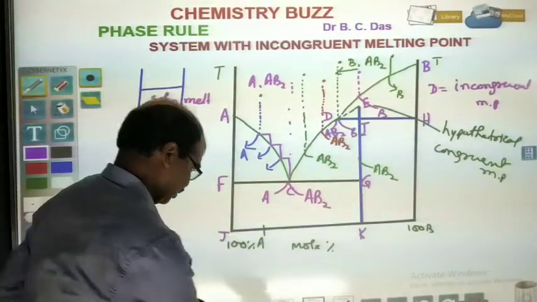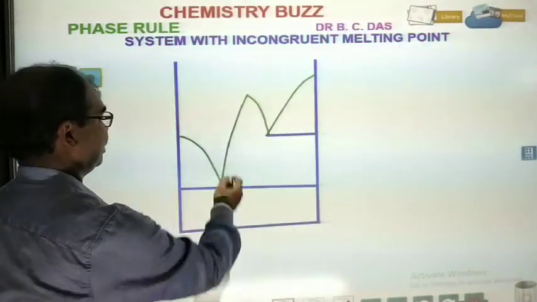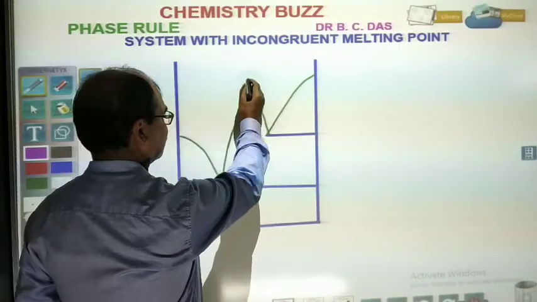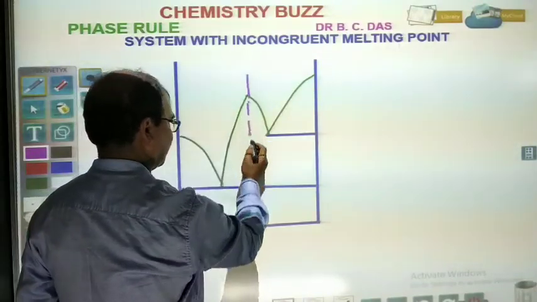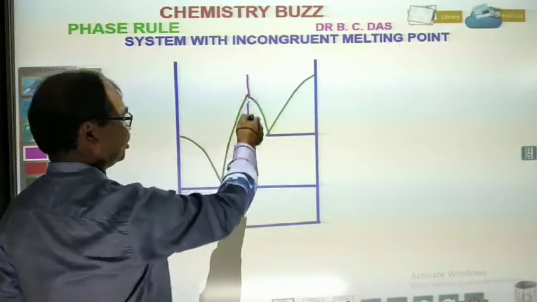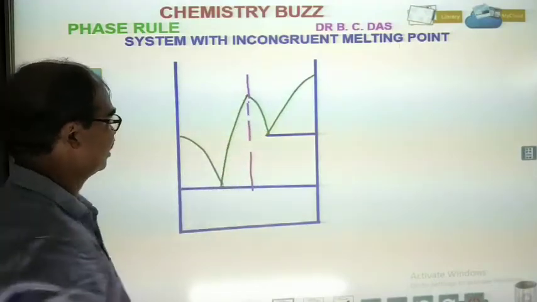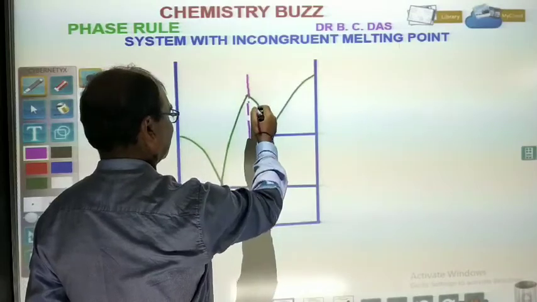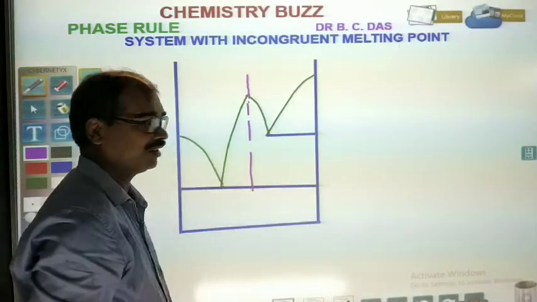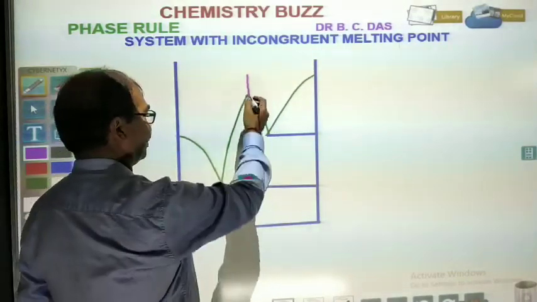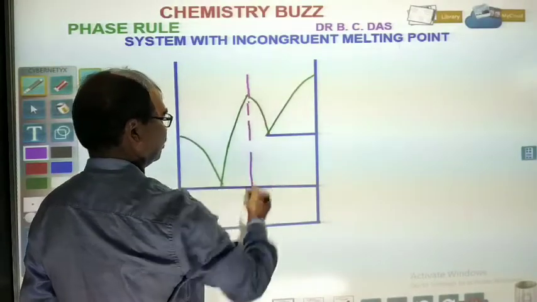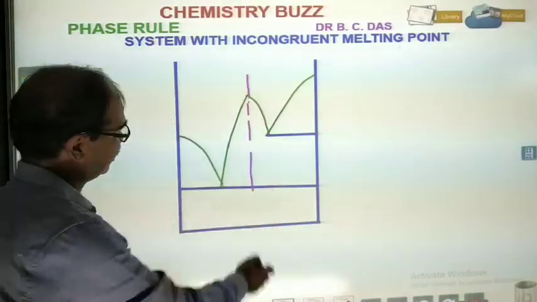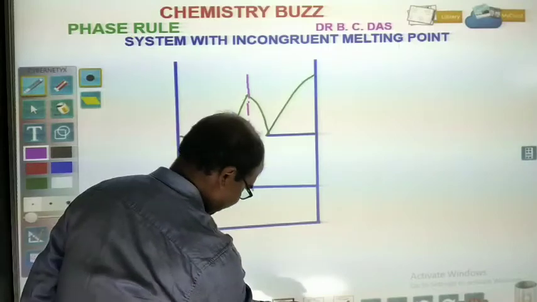In case of the congruent melting point, this is the composition where, when this composition is reached, you get the total solution converted to the solid. The composition of solid and the solution becomes the same in the case of the congruent melting point.